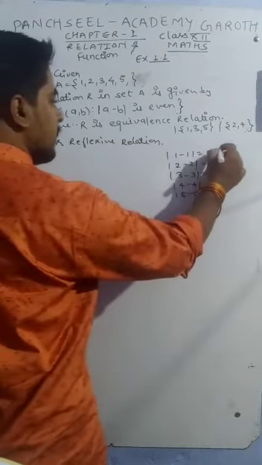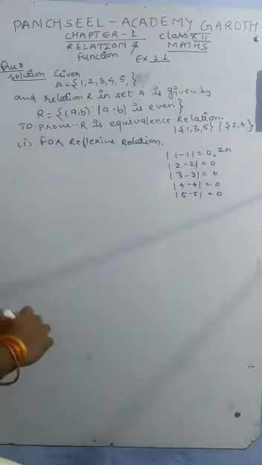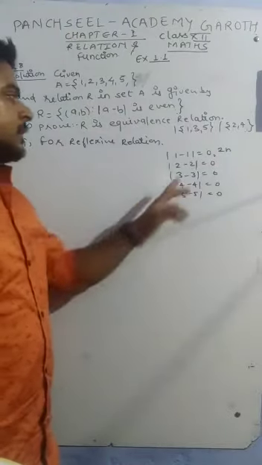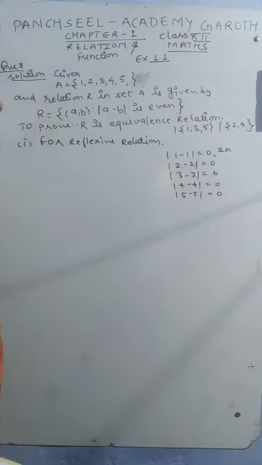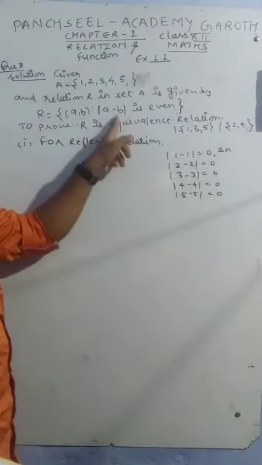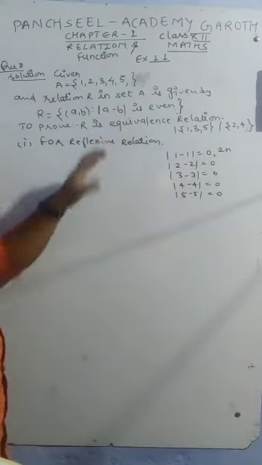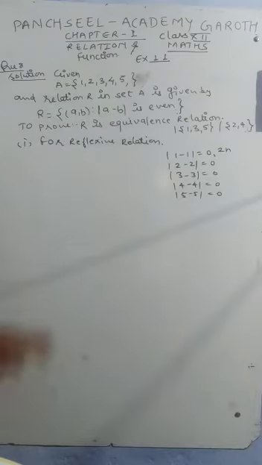And 0 can be represented in the form of 2n. Therefore, we can say that 0 is an even integer. Therefore, we can say that all the ordered pairs of the same elements follow this rule. Therefore, the given relation R is a reflexive relation in that given set. So how can we write here?